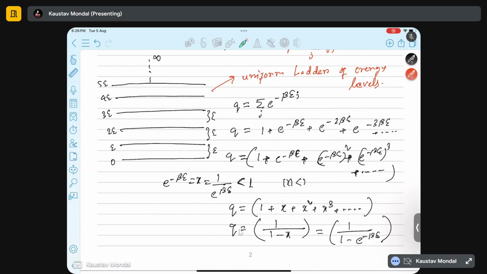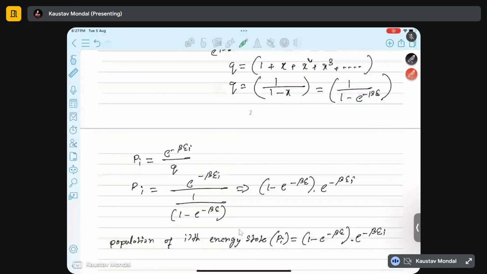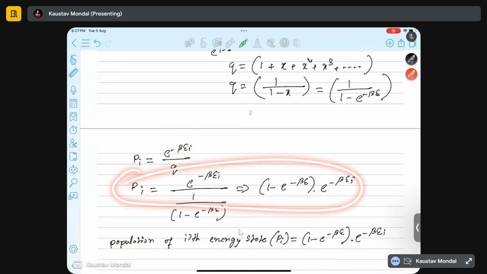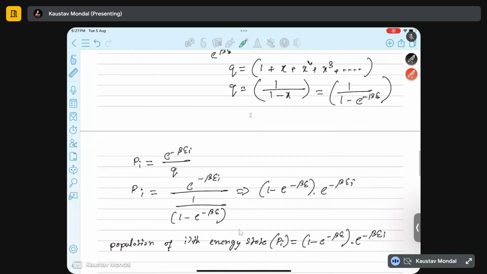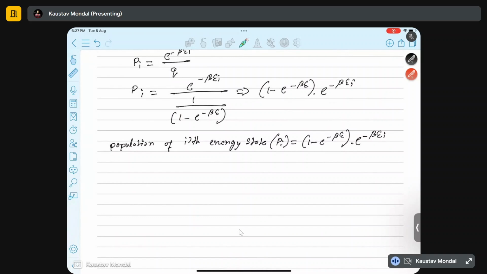Then, as we know the partition function expression, we substitute it in the expression of the probability of the ith state, and from there we get a formula for the probability of the ith state, right? This is how you can calculate the probability of the ith energy state.